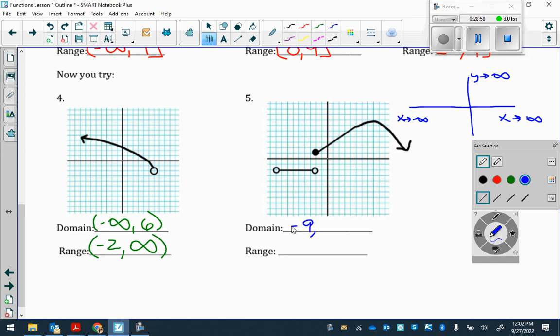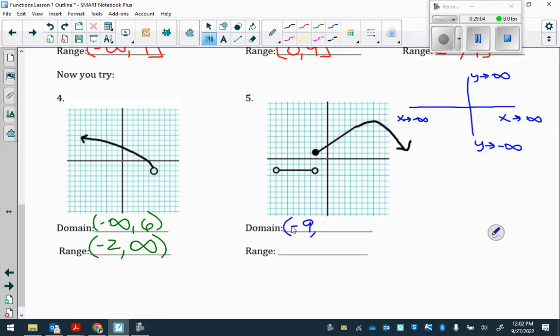-9. Okay, looking at all the x values. And what am I going to have around -9? Parentheses, okay? -9, if I keep going, at -2, I'm still included here, right? I keep going until this arrow is heading to positive infinity. But isn't there a break? There is a break.